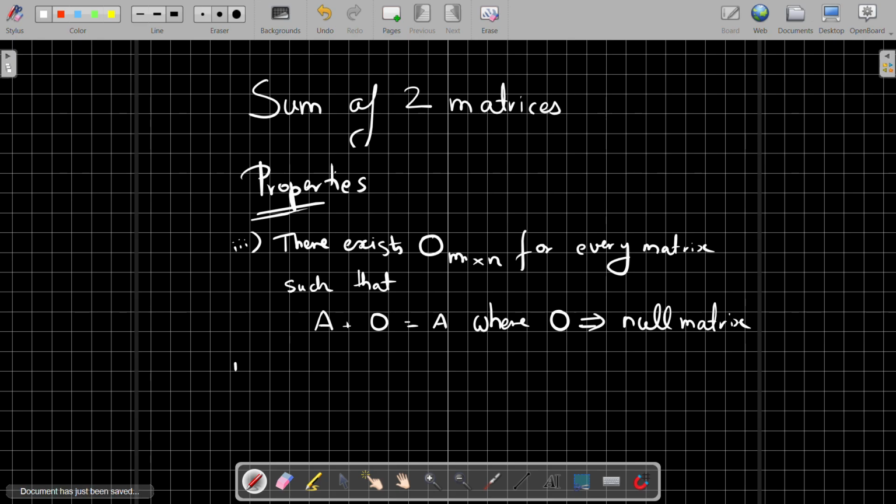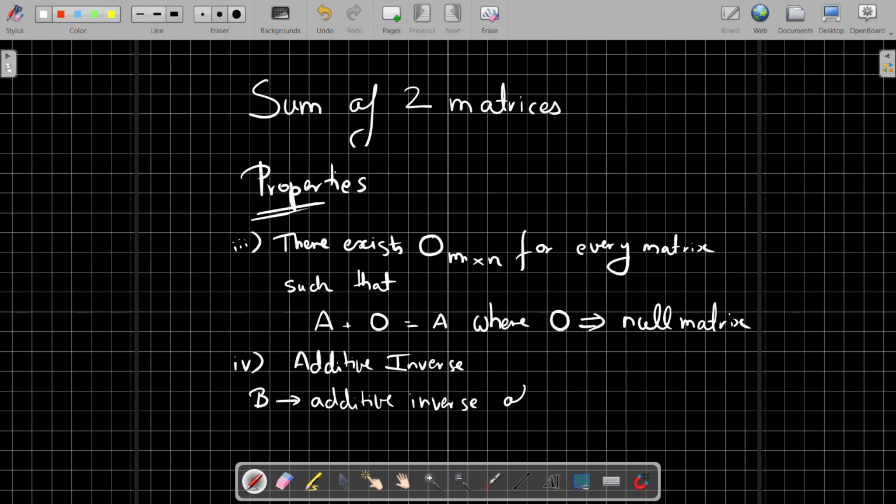Now, additive inverse. B is said to be the additive inverse of A if A plus B equals a null matrix.